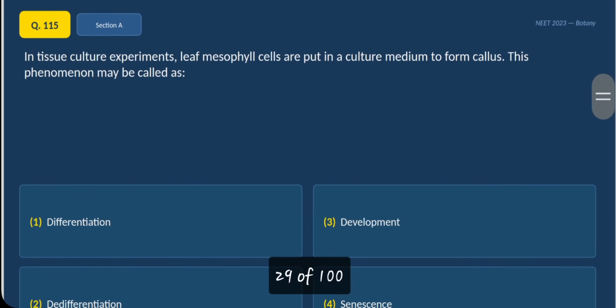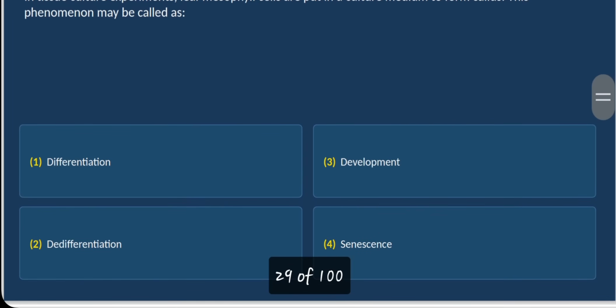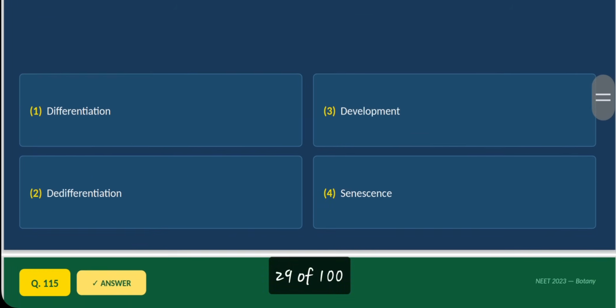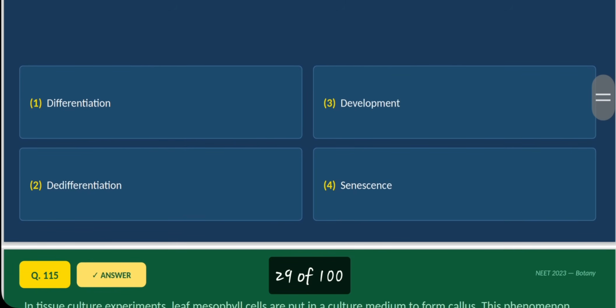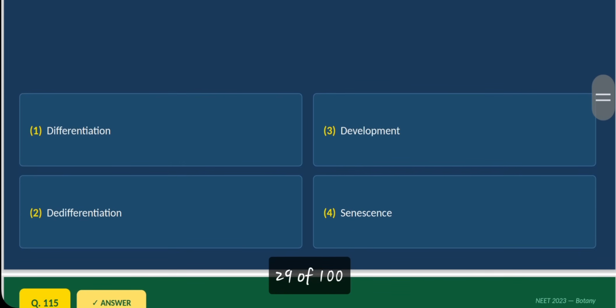In tissue culture experiments, leaf mesophyll cells are put in a culture media to form callus. This phenomenon may be called differentiation, development, de-differentiation, or senescence.